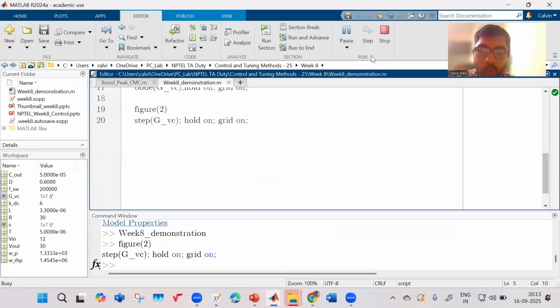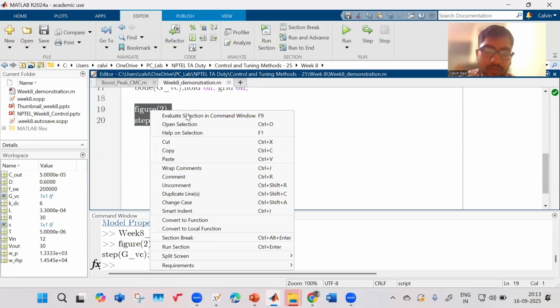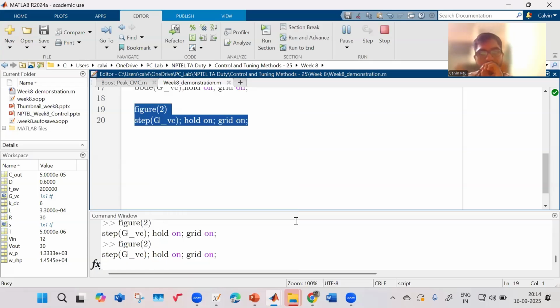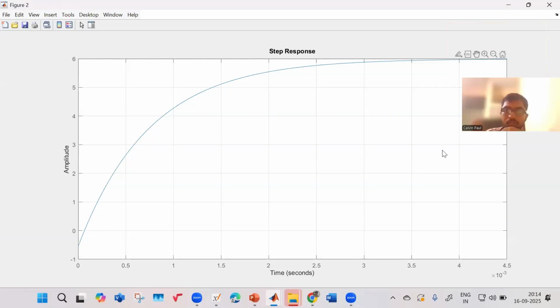A bit slow. Okay. Still not showing the dip. I'm not able to understand why.